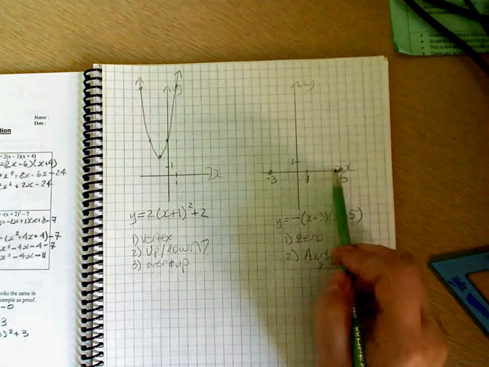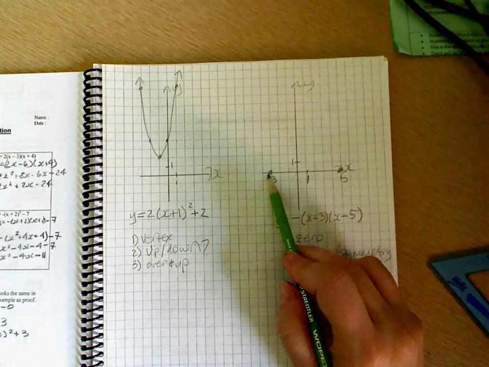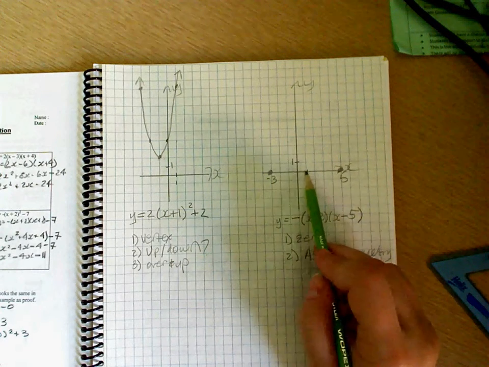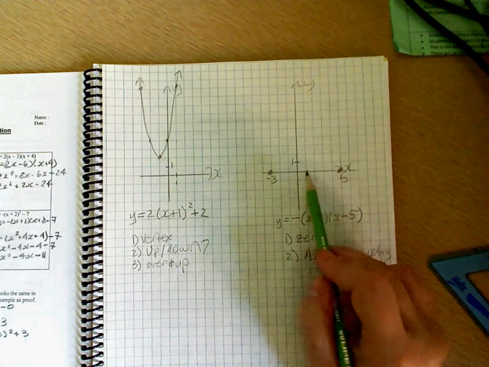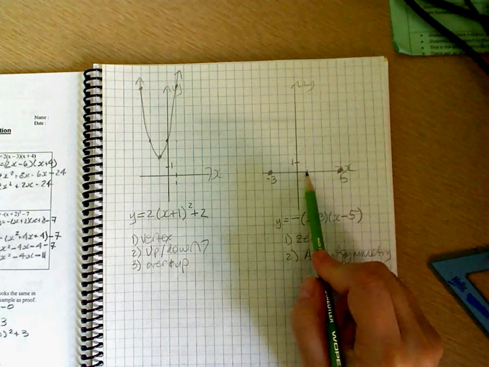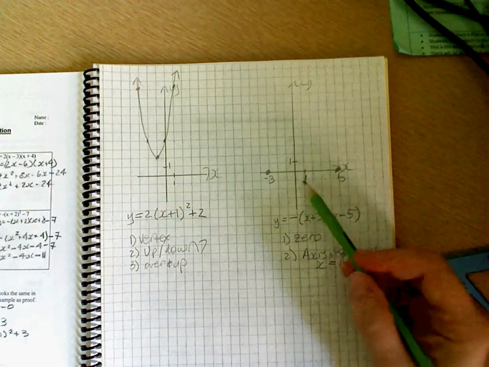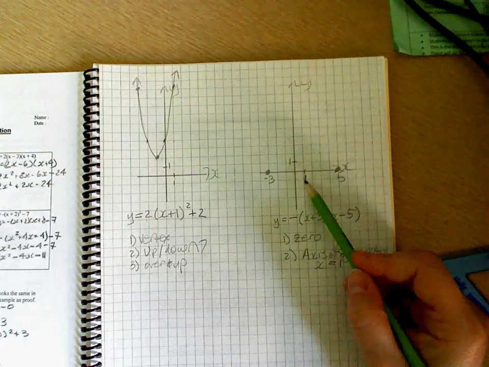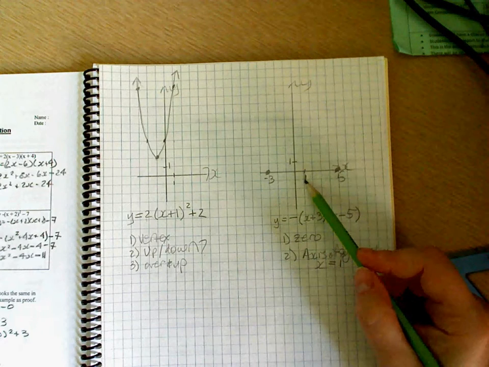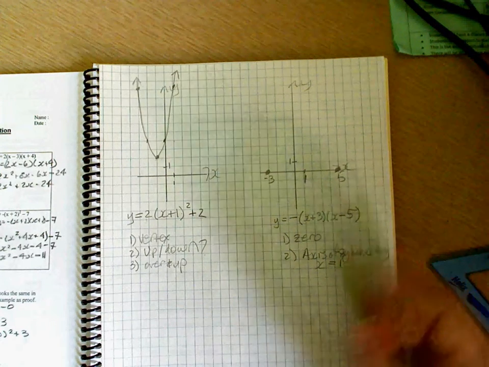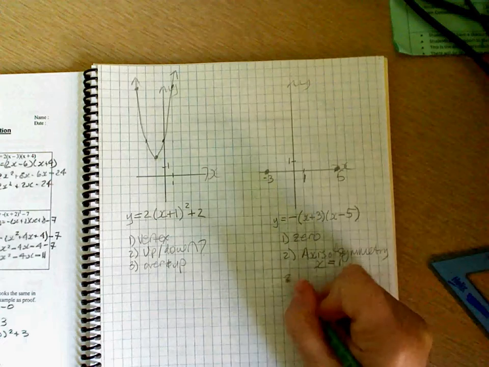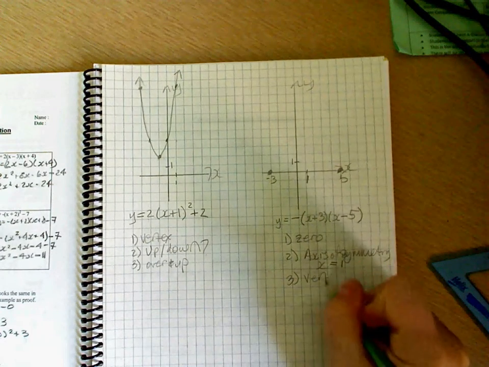1. So from here is 3. From here is 5. 3 plus 5 is 8. Half of 8 is 4. So 4 from either end will be the middle. Now we have to find out when x is 1, what is y, so we can plot that vertex.